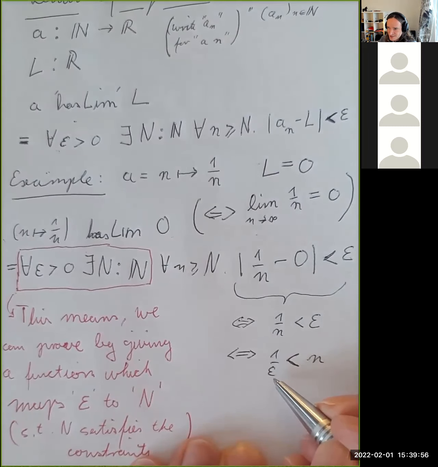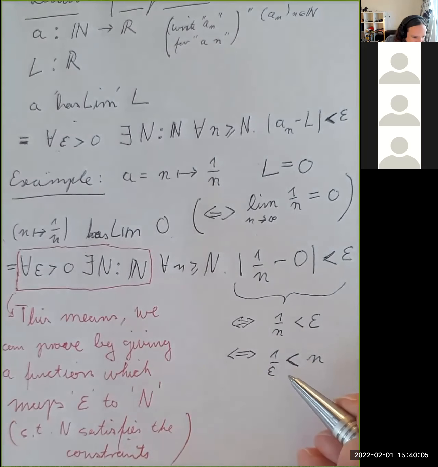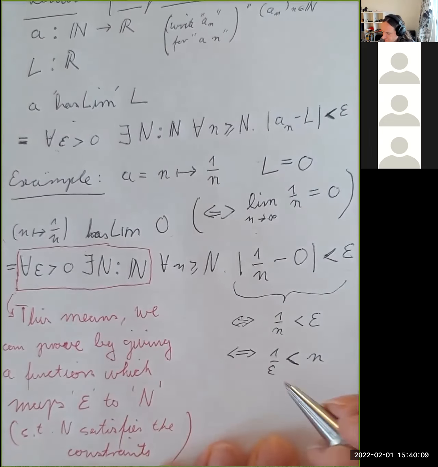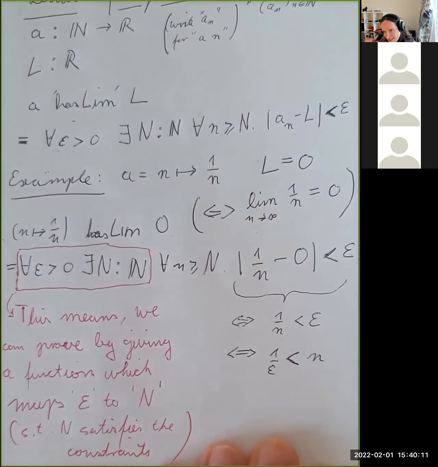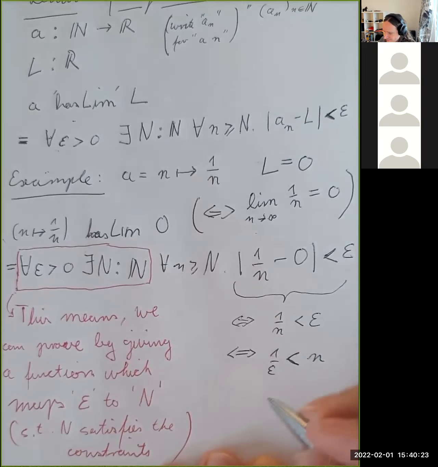A first guess would be to make 1 over epsilon a natural number and add 1, which we had in the chat here. Very good, yes. And then we just have to check: are all bigger natural numbers also satisfying this equation? And the answer here is yes, so we're good.